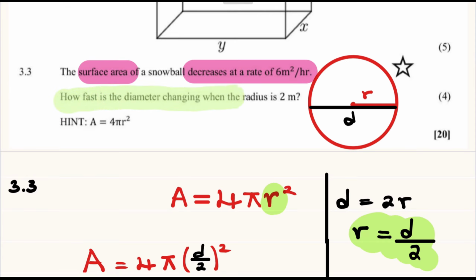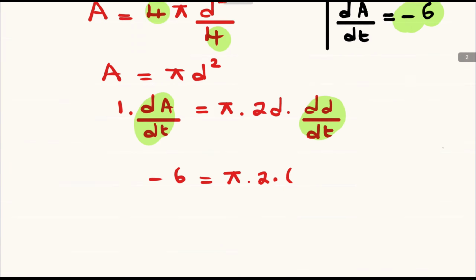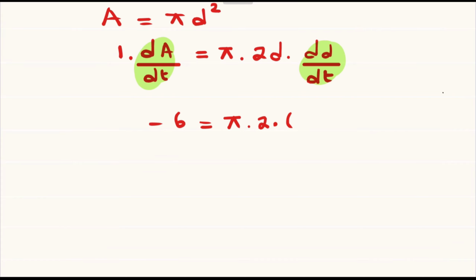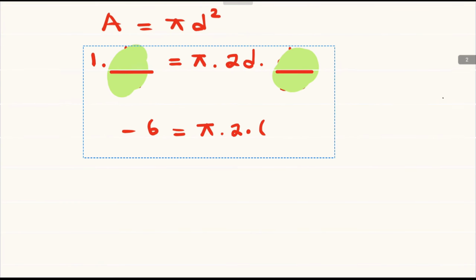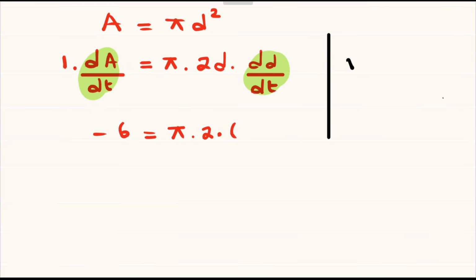Remember they said how fast is the diameter changing when the radius is 2 meters. Since our formula has diameter, we have to change that radius of 2 meters into diameter. So r is equal to 2 and the diameter is equal to twice the radius.